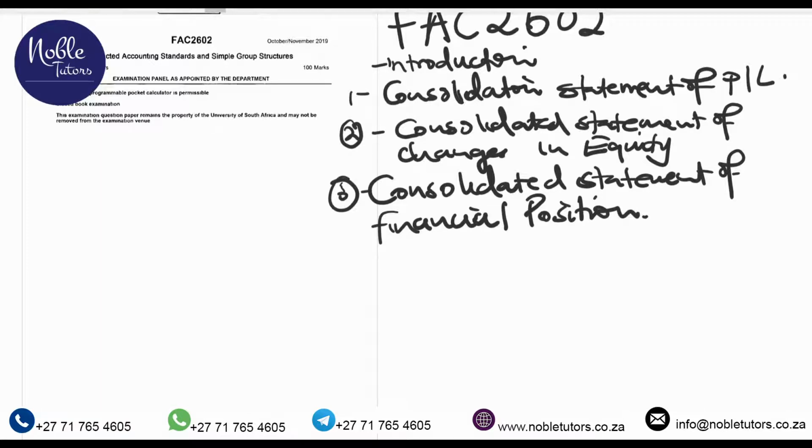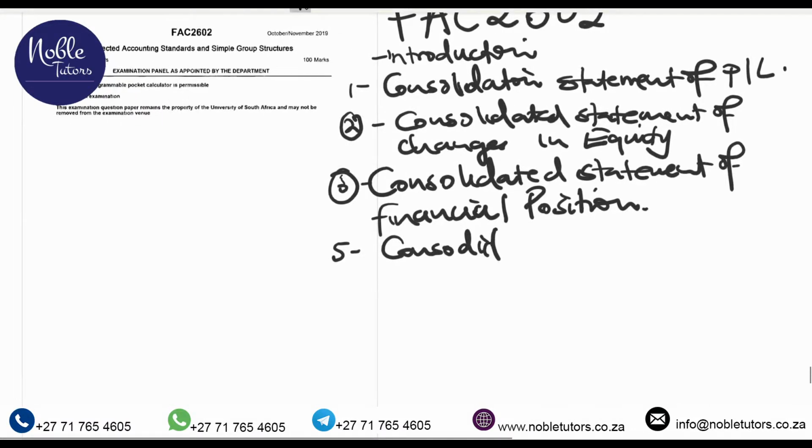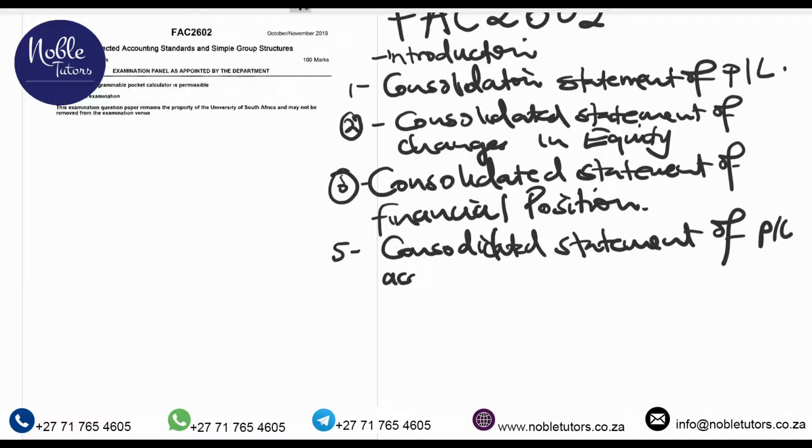Then after the consolidated statement of financial position, we're going to have the consolidated statement of profit or loss again, but this is acquisition during the year. This is number 4.